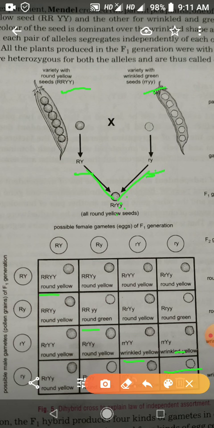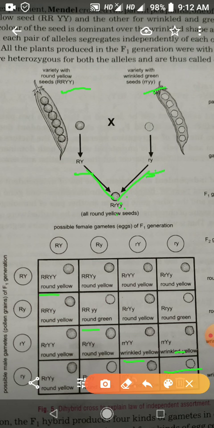So this is the combination. So in F2 generation, the ratio is 9:3:3:1. This ratio is called dihybrid ratio. So we can explain this dihybrid cross once more.